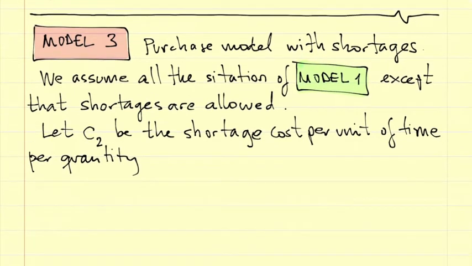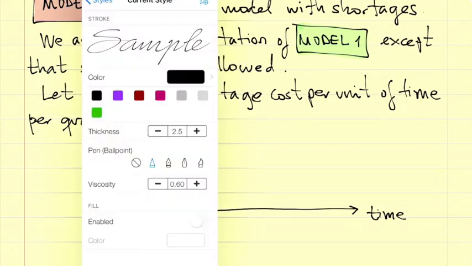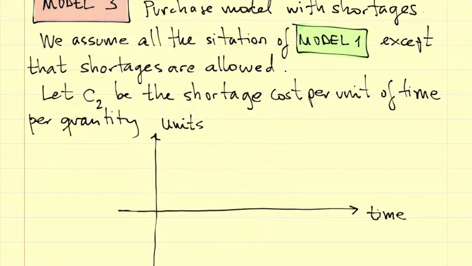Then the inventory situation can be graphed like this. Now we have shortages, so the inventory can go below 0. This is time. This is the units, the inventory. And now we have a situation in which we can go to 0.